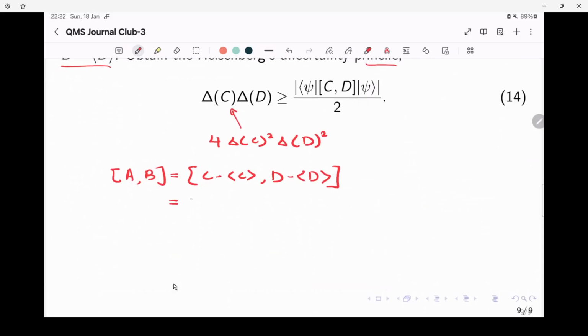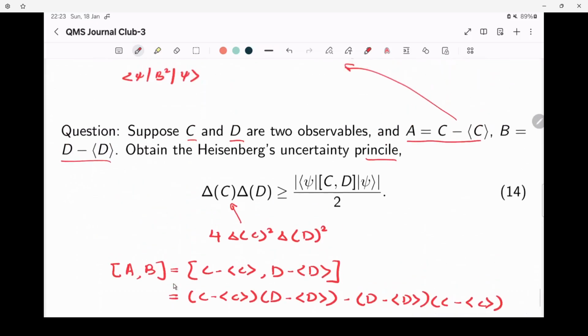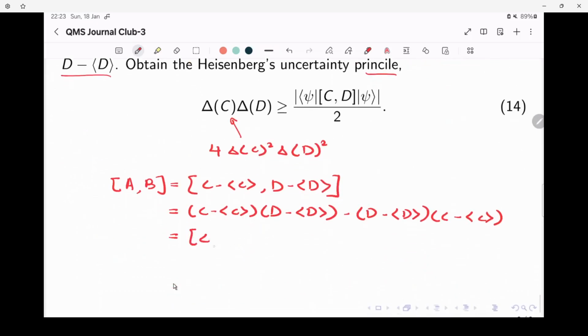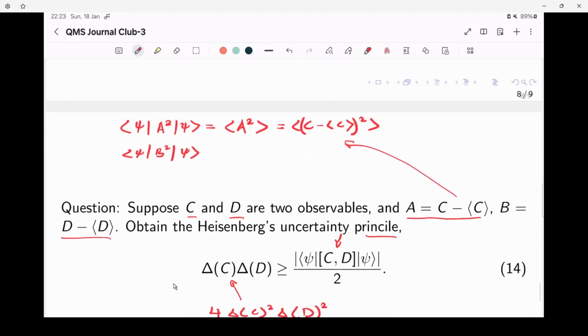You have this multiplied with this, minus the D multiplied with the C. If you do that, you find that eventually this is equivalent to the commutator of CD, which is why over here you change to CD. So that's basically how you would derive the Heisenberg uncertainty principle just by postulate 3 alone.